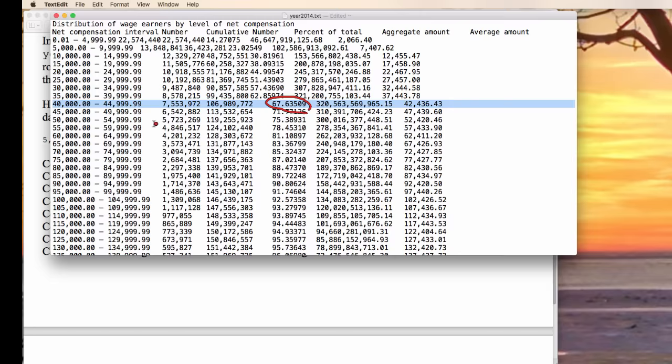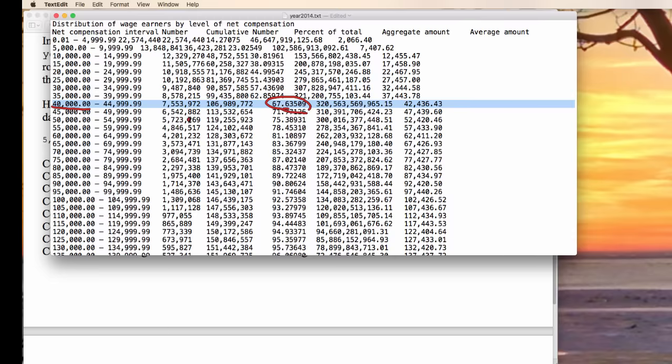and then we'll also ask the opposite question: if I say, all right, I give you the 67%, who earns less than that? So in this case, I don't know the exact amounts, but 67.6% was in this range. Therefore, 67% must be $40,000 or less. Right?